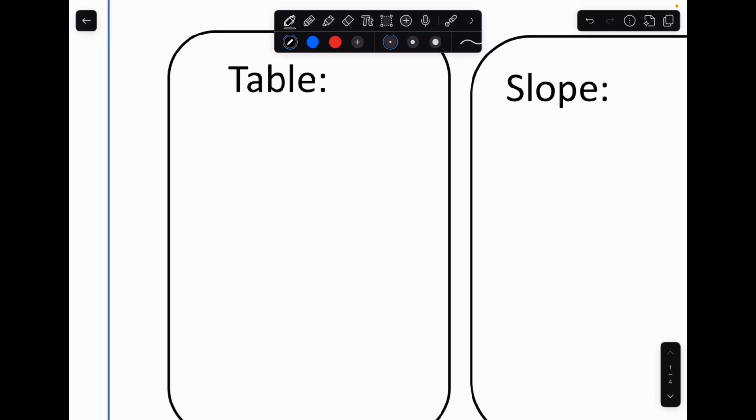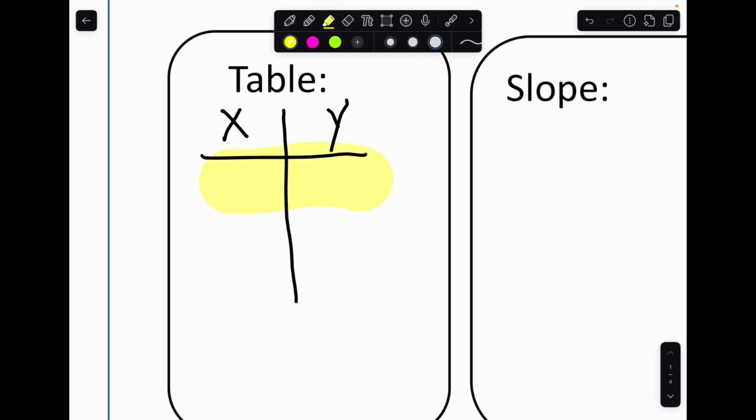So for our tables, they look like this. Okay, so we're given our x-coordinate and our y-coordinate, and when they're right across from each other, that creates our points.